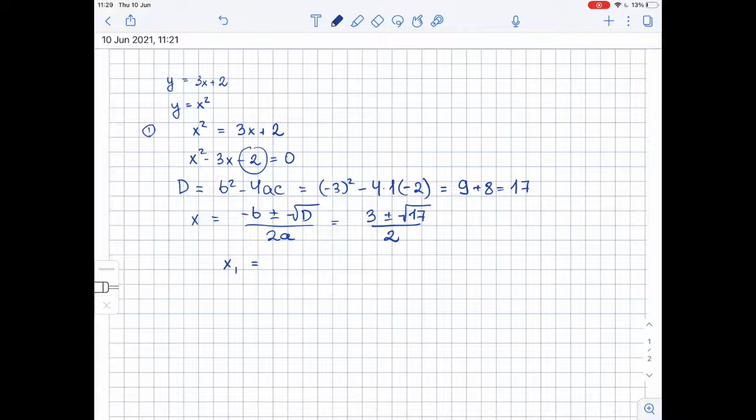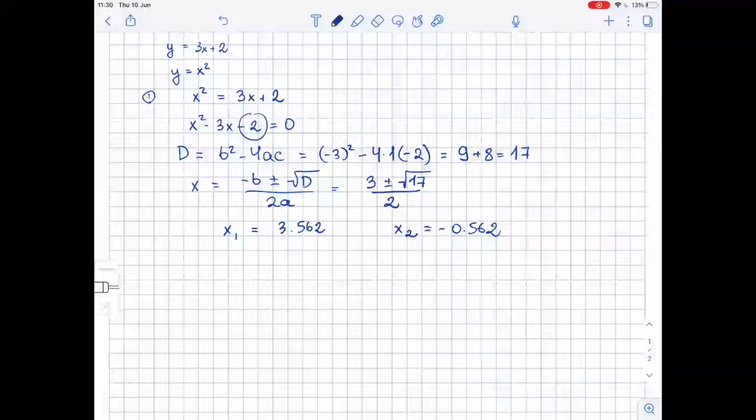So x1 equals 3 plus square root of 17 over 2, which is equal to 3.562, and x2, where we have 3 minus square root of 17 over 2, equals negative 0.562.